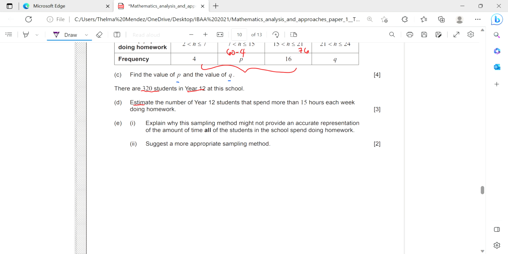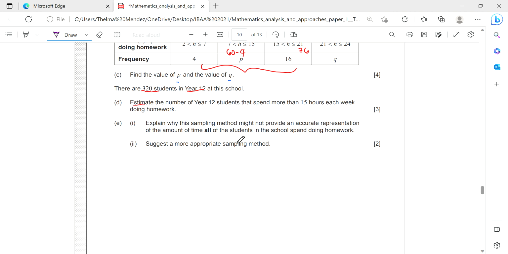Letter E, explain why this sampling method might not provide an accurate representation of the amount of time all of the students in the school spend doing homework. So one reason you can say is that only grade 12 students were used in the sample.